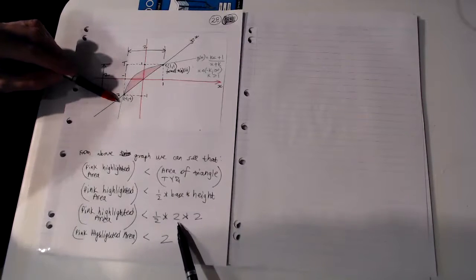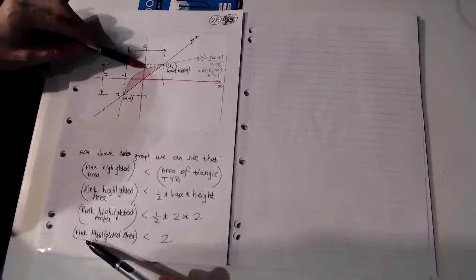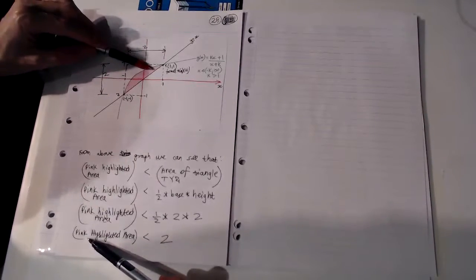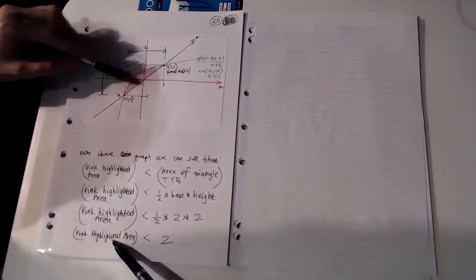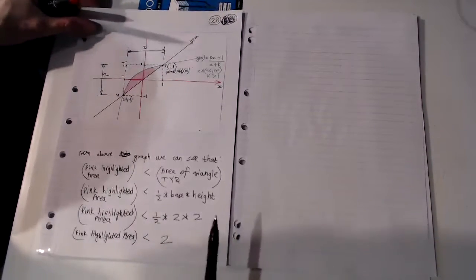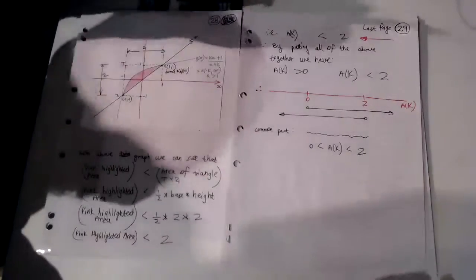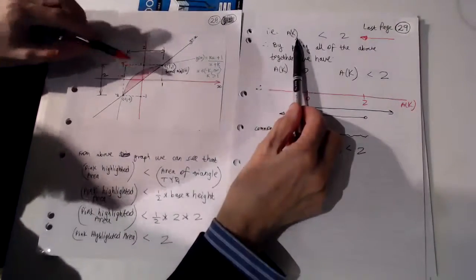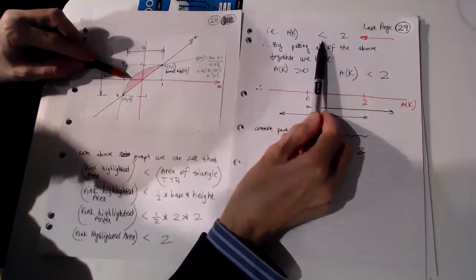It is 1. 1 times 2 is 2. So we have proven mathematically that, the way the question is set up, the pink highlighted area will be less than 2.